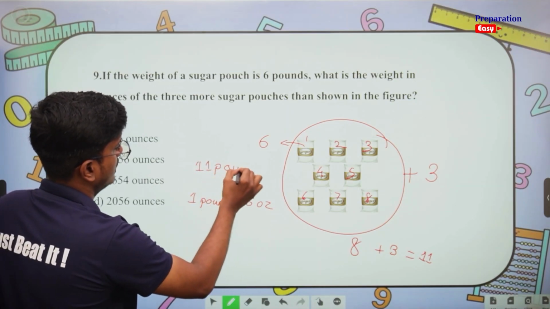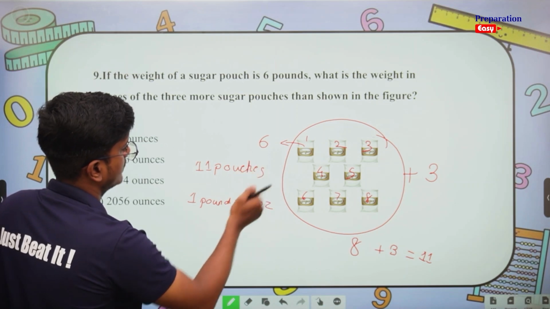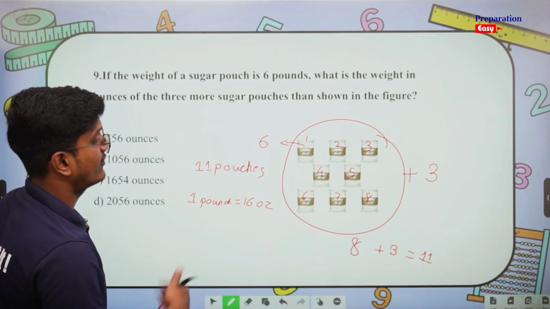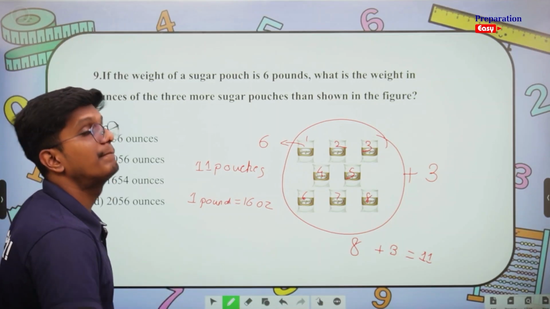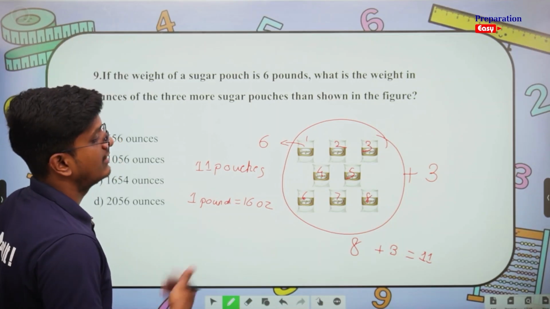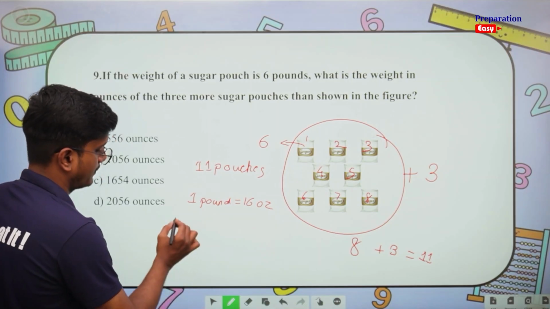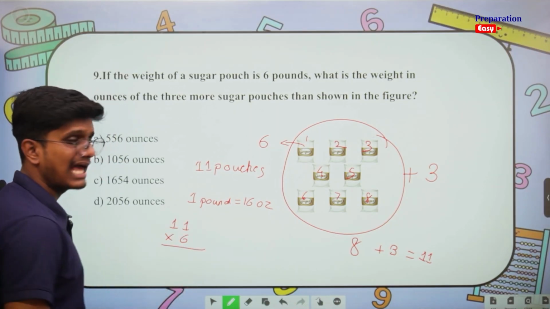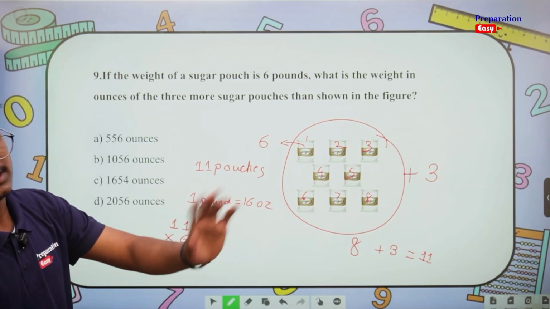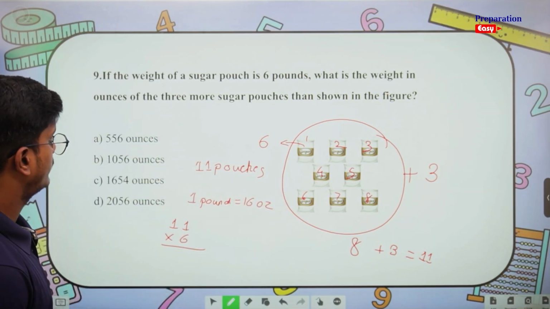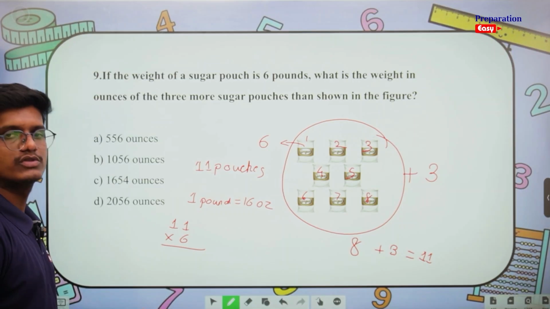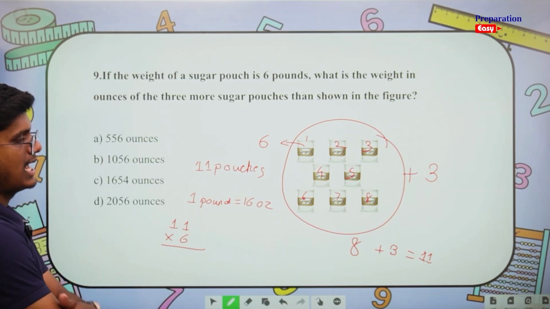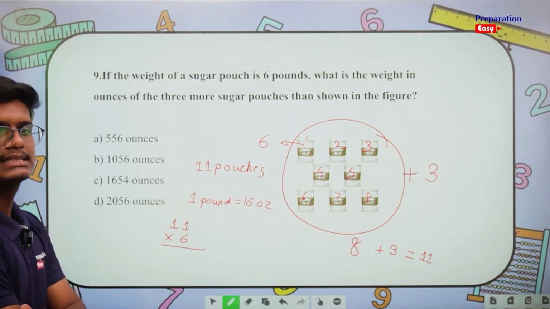So we have to calculate how much the 11 pouches weigh in total in pounds. We could add 11 plus 11 six times, but instead we can use multiplication, right? In total we have 11 pouches, and each pouch is weighing 6 pounds.